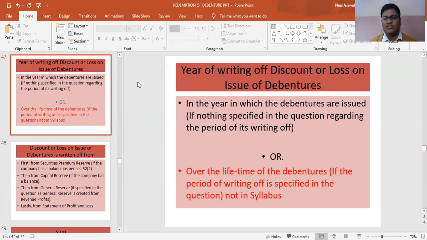The loss on debenture or discount on debenture should be written off in the period in which the loss or discount has been incurred. If mentioned in the sum in other ways, then we have to follow the other ways. Otherwise, in the same year. It can also be written off over the lifetime of the debenture, but that is not in the syllabus.